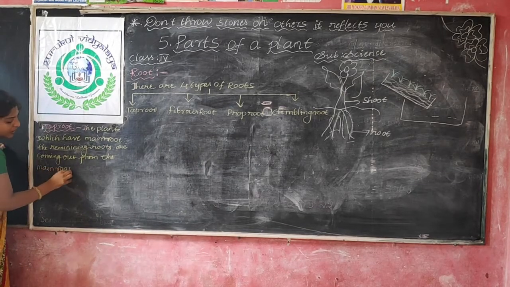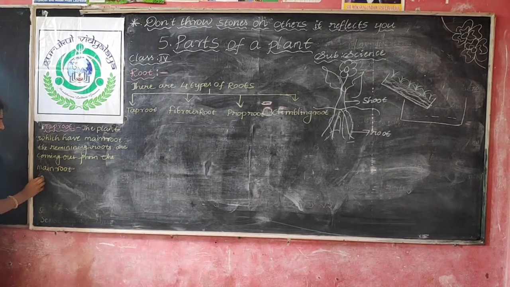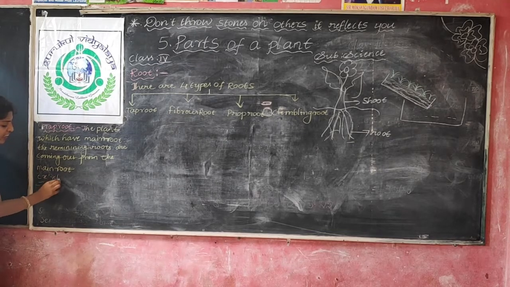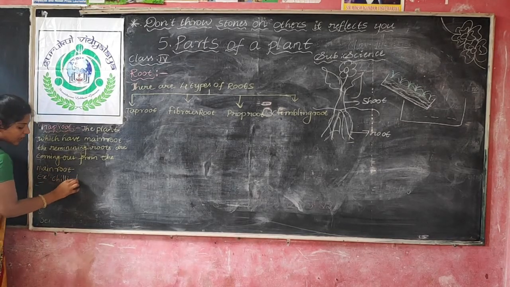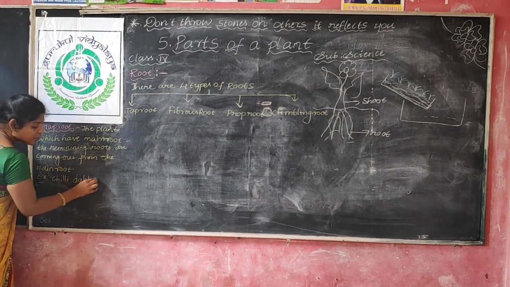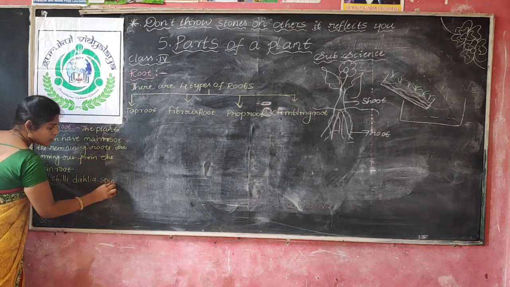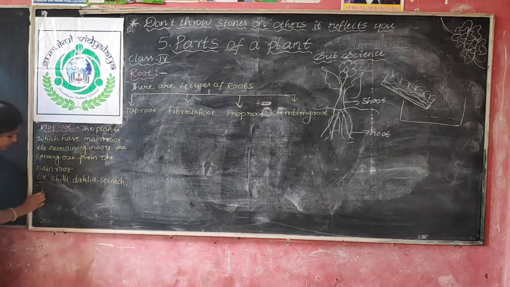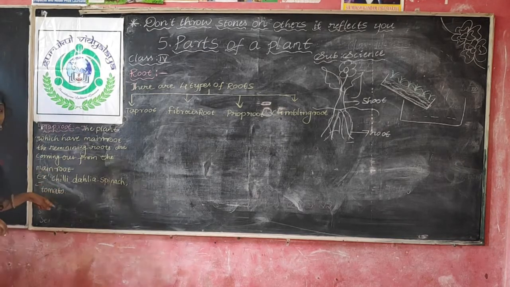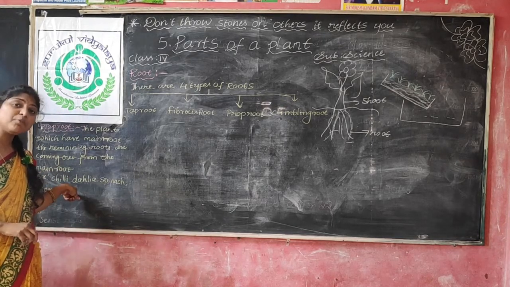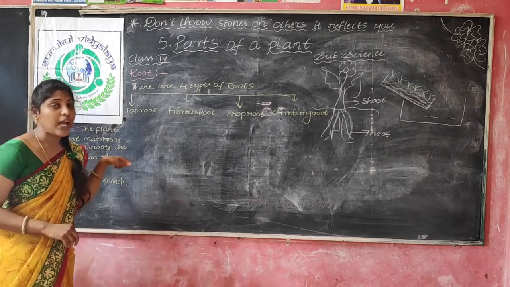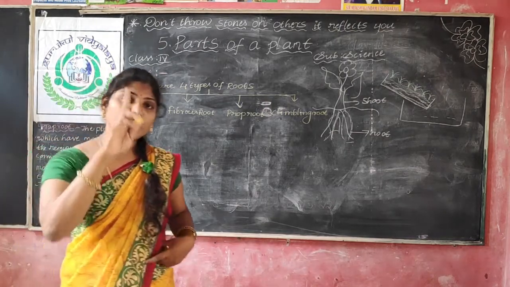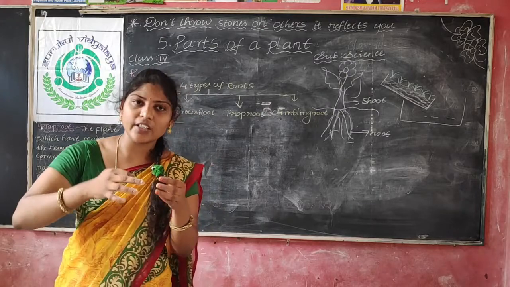That is called taproot. What are the examples, my dears? Chili, dahlia, spinach, tomato. So these plants have which type of root, ma? Taproot. Taproot means there will be only one main root and the remaining roots are connected to that.